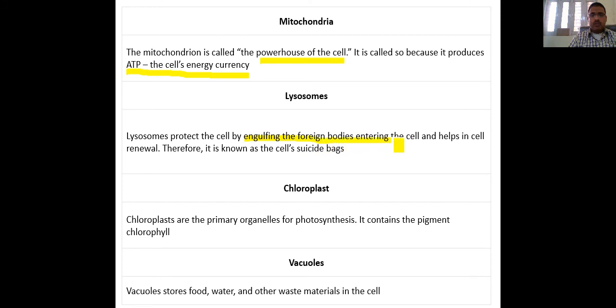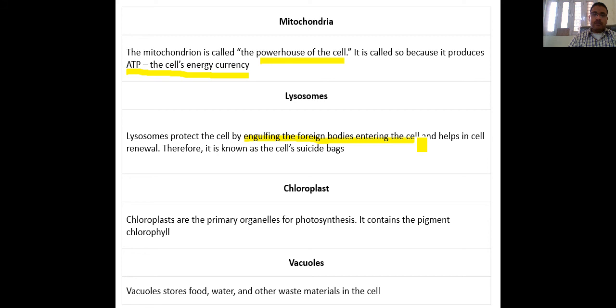If there is an excess, or if no digestion takes place by the other organelles, then these lysosomes carry out some activity by which those things can be renewed.